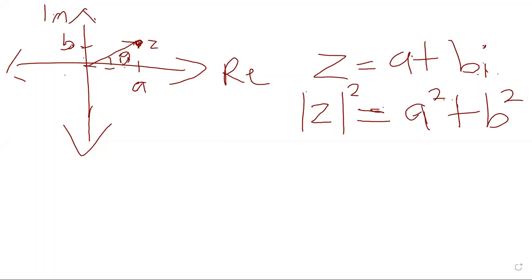This is how we find the modulus of a complex number. We just square the real part and add the square of the imaginary part, and that is equal to the modulus squared. So if we want to find the modulus, all we have to do is find the square root of it. So the modulus is the square root of A squared plus B squared. I hope you understand.